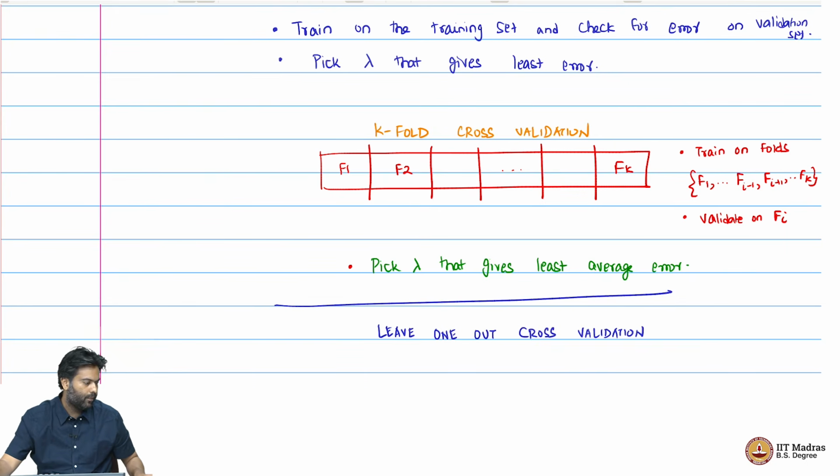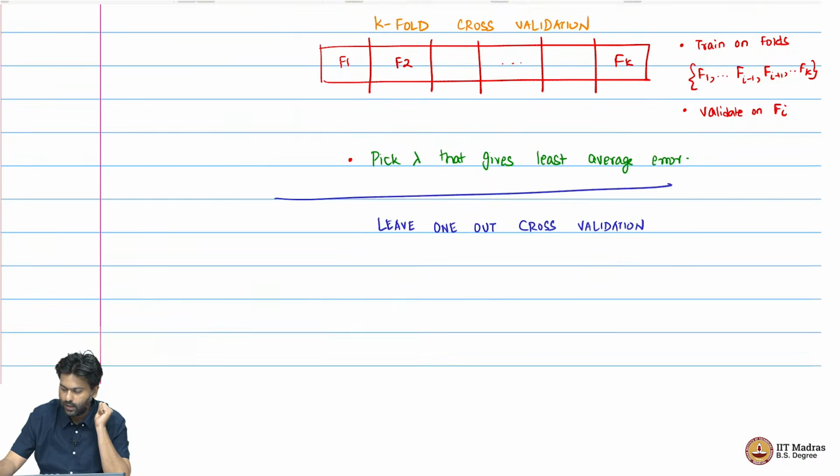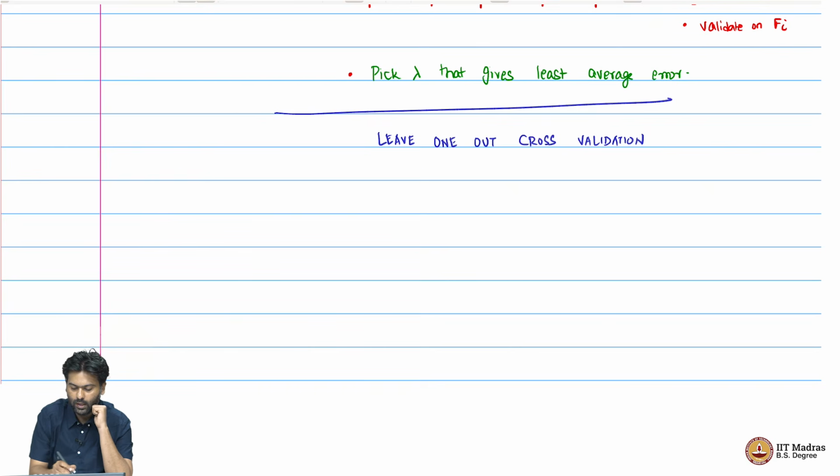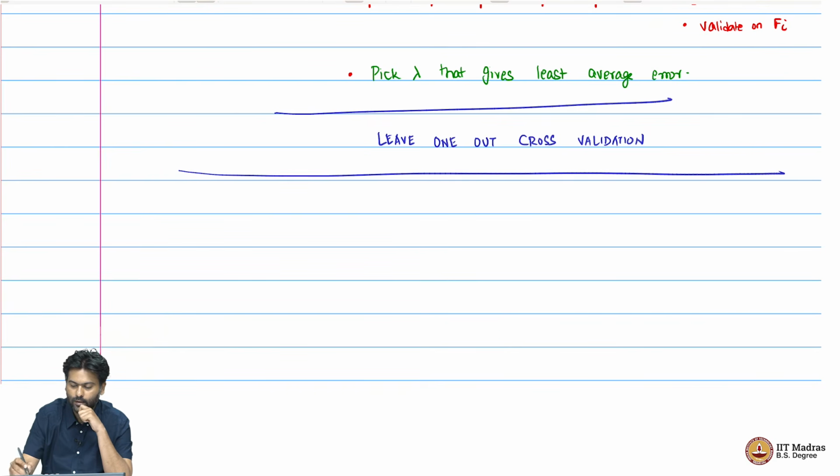Okay. Now, one question that still lingers in our minds is the following. We said this w hat nu is (x transpose x plus lambda I) inverse x transpose y.